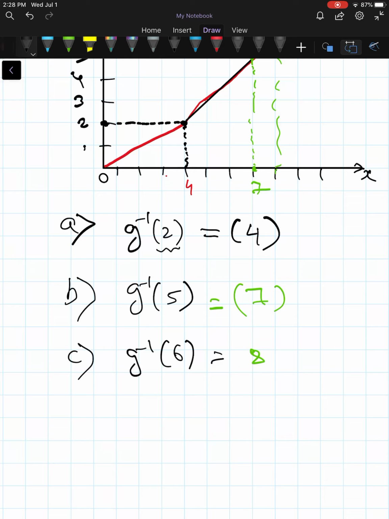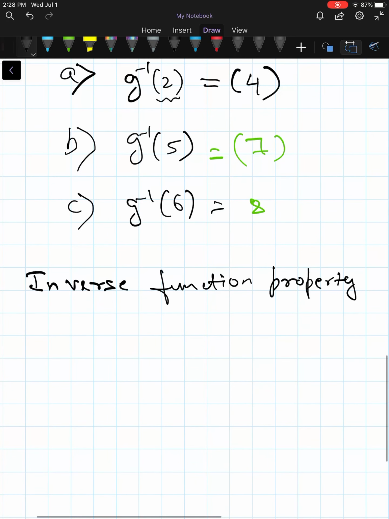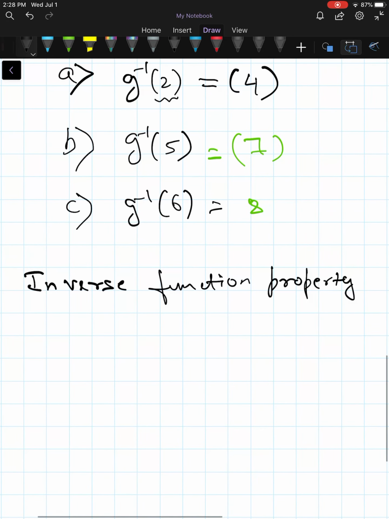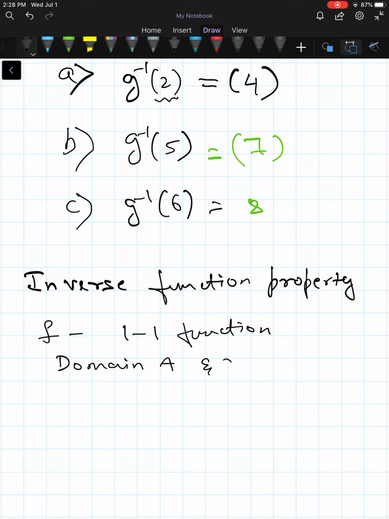So the inverse function property says that let f be a one-to-one function, with domain A and range B. What I call the codomain is the whole set that has the image set, but range is just the part that consists of the image set.